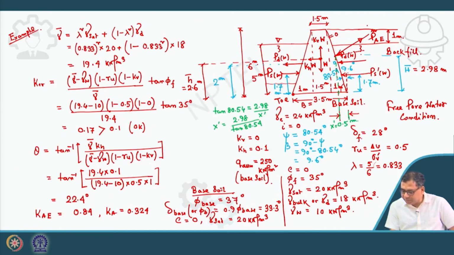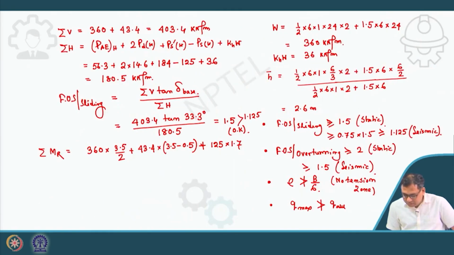For PSW it is the opposite direction, and this will also give me the resisting moment. Okay. So, the total resisting moment is equal to 972.7 kilonewton meter per meter.